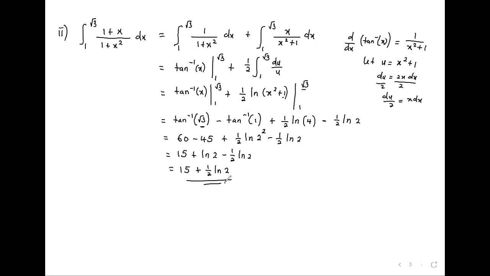What's the integral of x? It's x squared over 2. Now, if you don't want to use this one, what's the other integral of it?